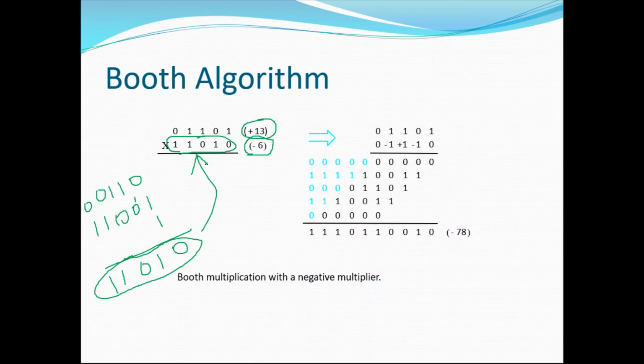So what will the Booth algorithm do? Here again, there is a minus 1 here, a plus 1 here, and a minus 1 here.